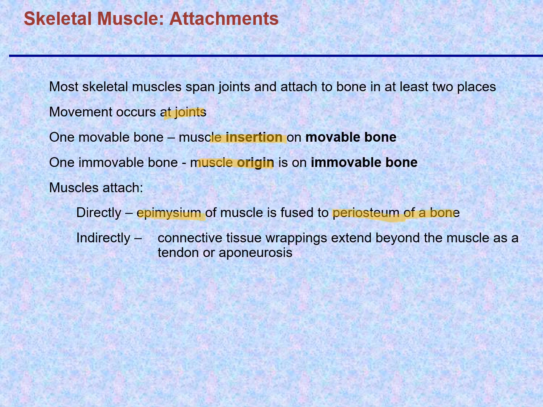I remind you the periosteum is a connective tissue layer around the bone. That's a direct connection, and they are also connected indirectly by a connective tissue structure called the tendon.